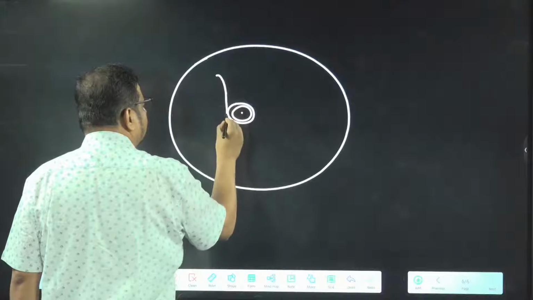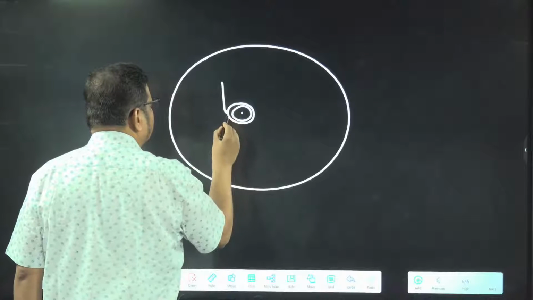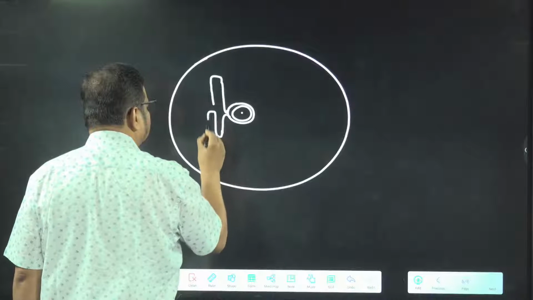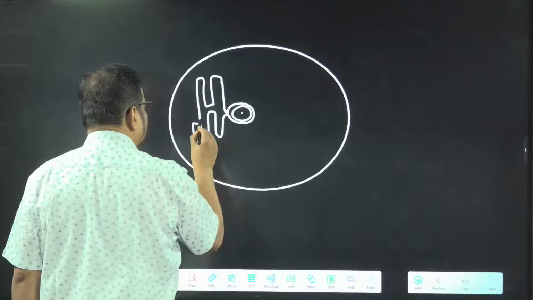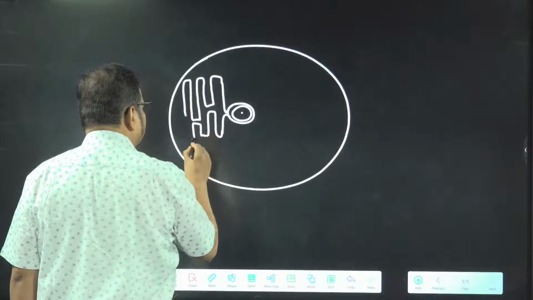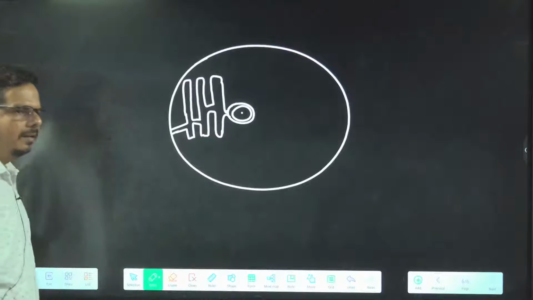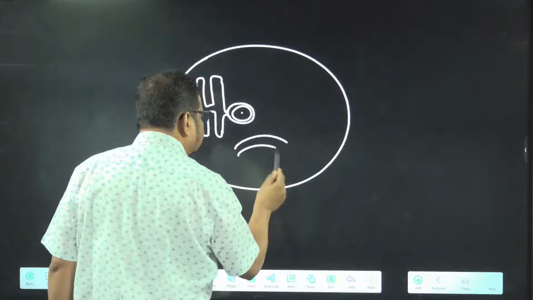This is the ER, endoplasmic reticulum. Okay, now I am drawing, this is the Golgi complex.